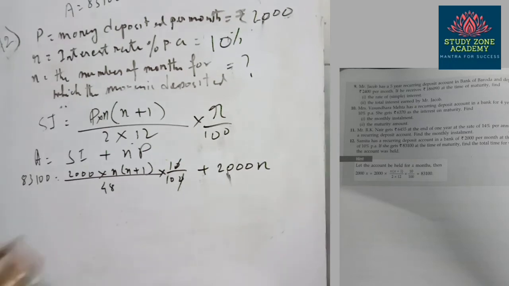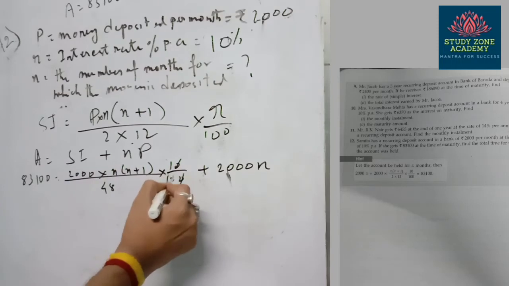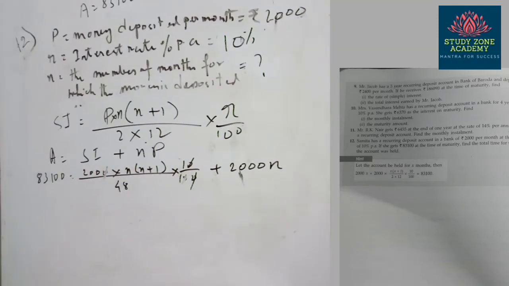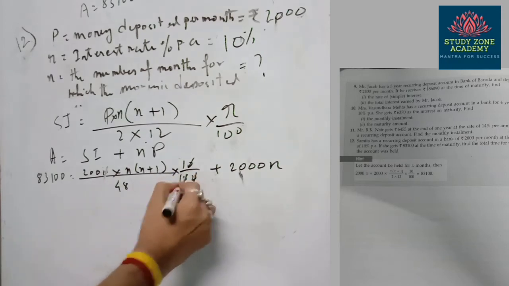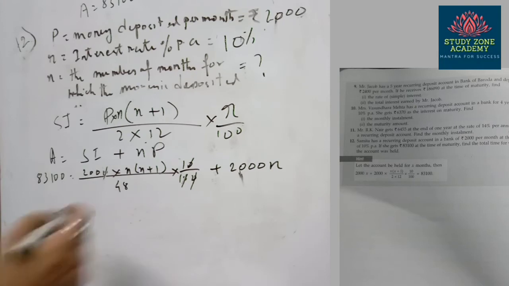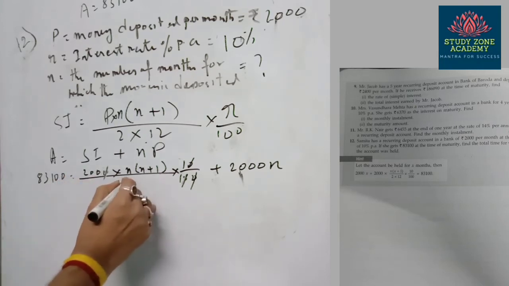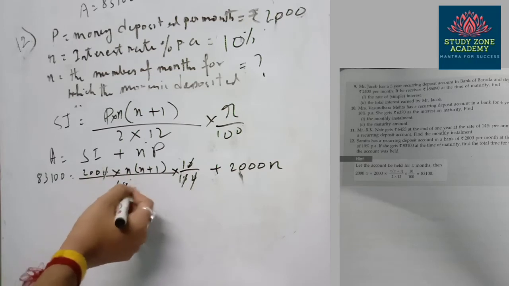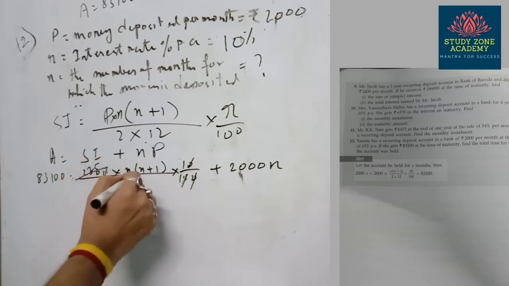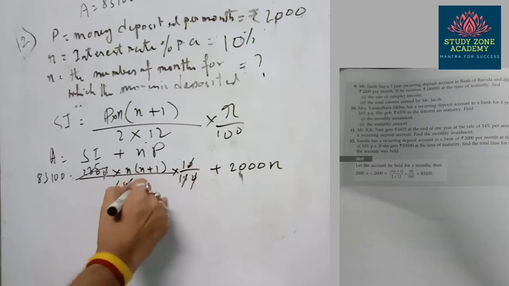Cancel the zeros. Fine. So 200 by 48. Let us divide it to 400. It's going to be 25, 25 16s are 200, 16 into 3.